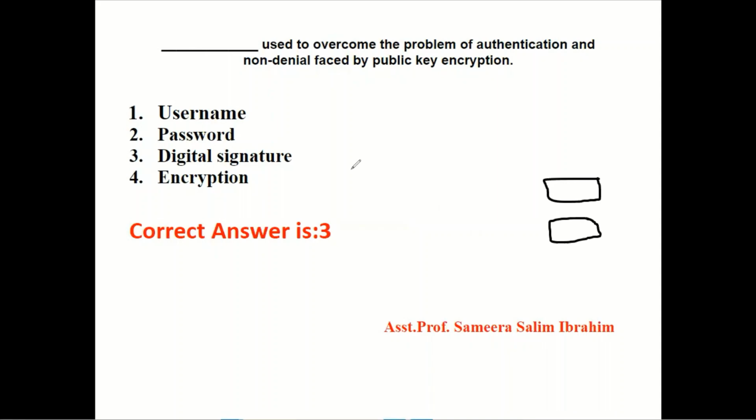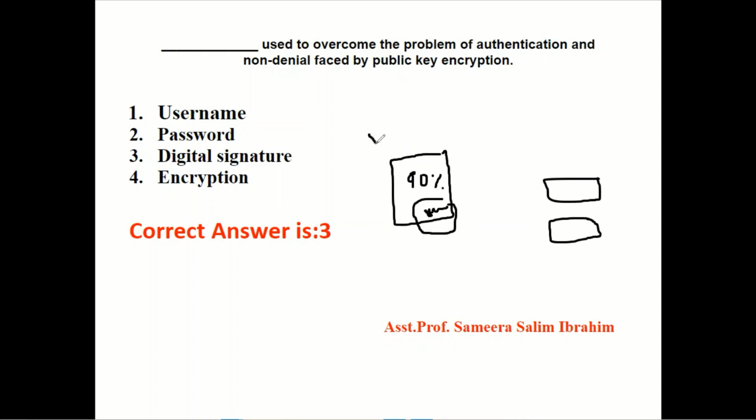And non-denial. What does non-denial mean? For example, there is a report card, and someone has signed it, and here you have got 90%. No one will deny that this is not a valid card, because some kind of signature is displayed here.